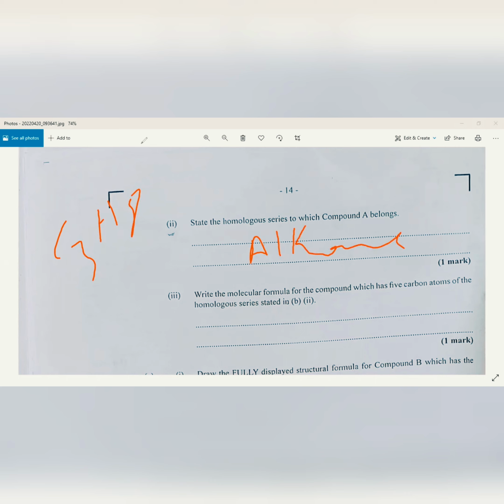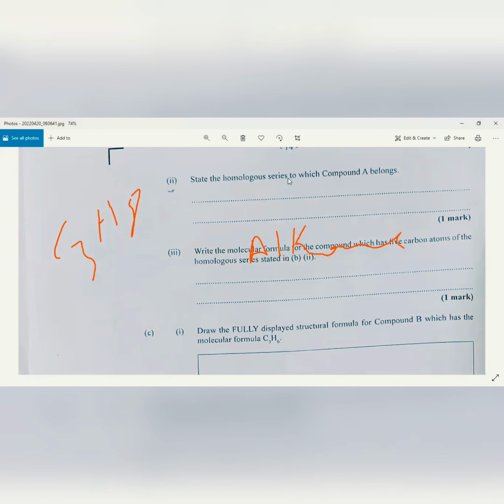Then now it says that you should write the molecular formula for the compound, which has 5 carbon atoms of the homologous series stated. So you're going to write the molecular formula for a 5 carbon alkane. And we just looked at the general formula. So therefore, we can just simply put 5 as n.